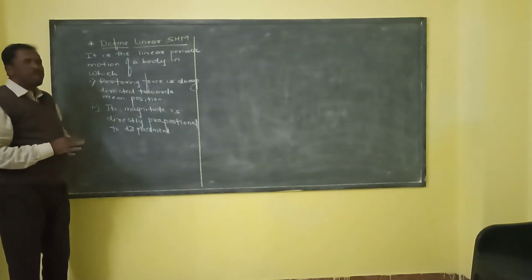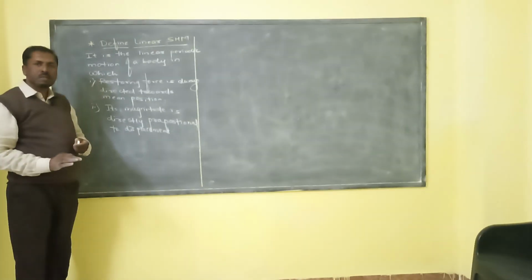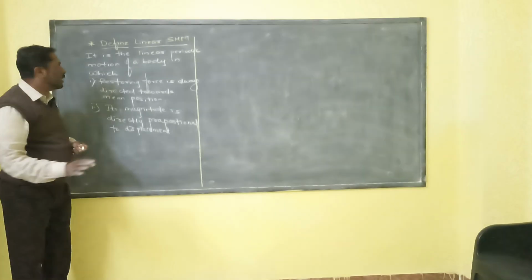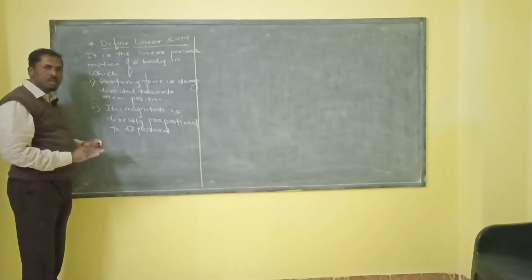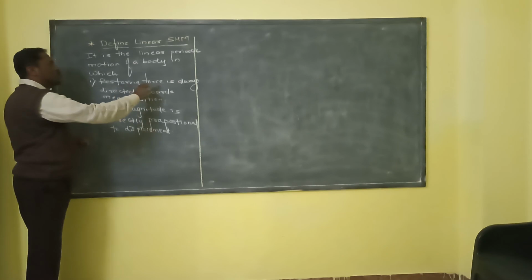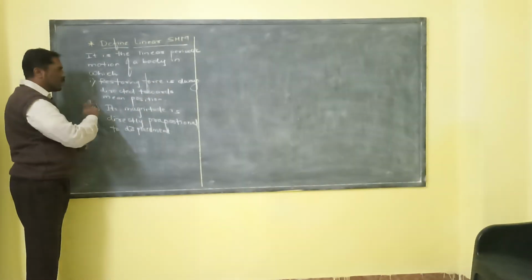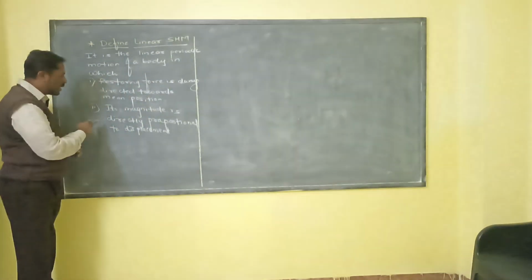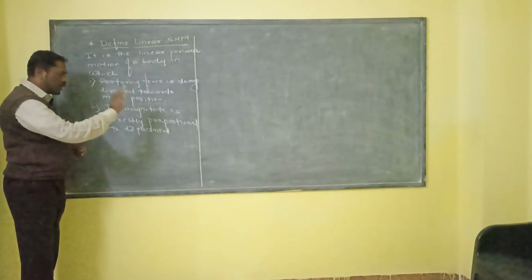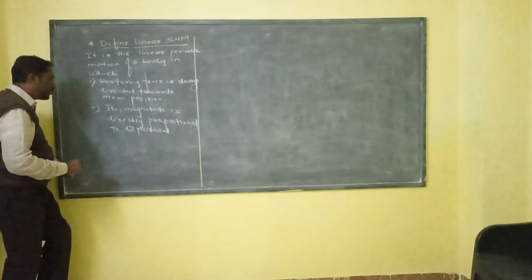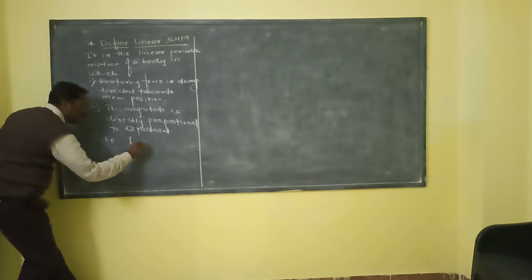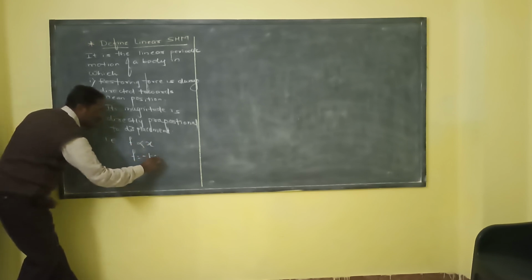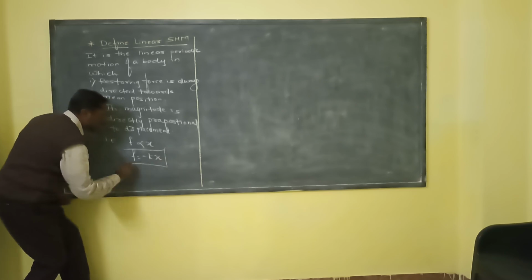What do we understand by linear SHM? It is the linear periodic motion of a body in which the restoring force is always directed towards the mean position, and its magnitude is directly proportional to displacement. Mathematically it can be written as F proportional to x, or F is equal to minus Kx.